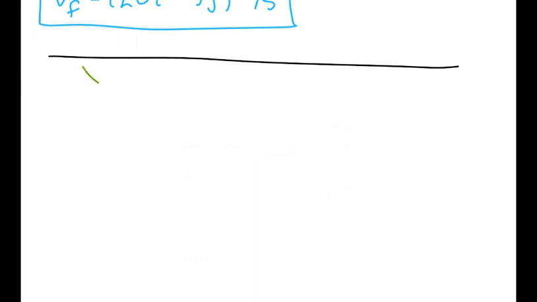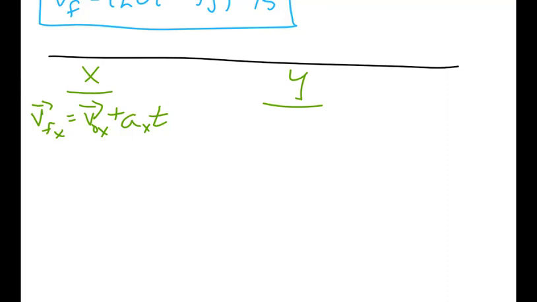So for this, I'm going to take my X and I'm going to take my Y and I'm going to keep them separate. Okay, I'm still using the same equation as before. I'm just using only the X components of things. And this is something I do when I teach physics for a first year physics class.